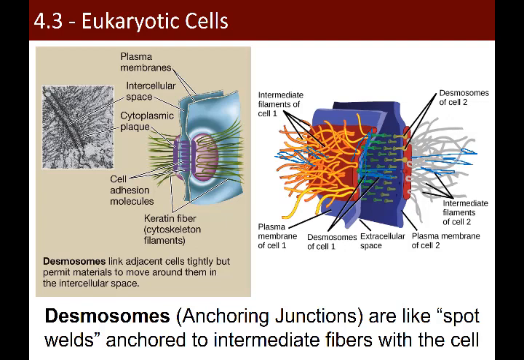And by having all of these connections, we're basically forming one structural unit. It's going to help keep those cells locked to each other and help to form the integrity of the tissue.